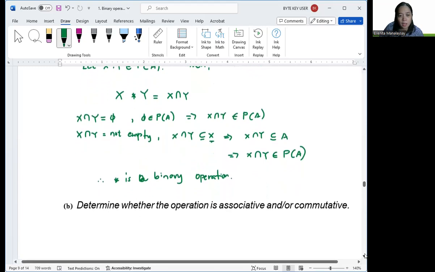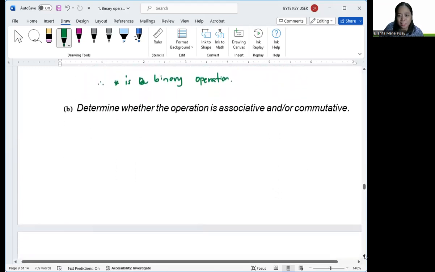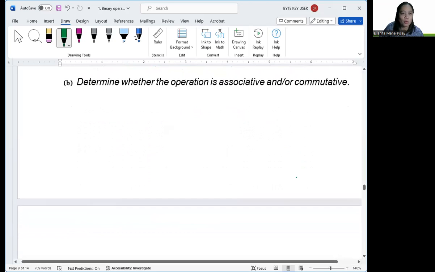Next, determine whether the operation is associative or commutative.